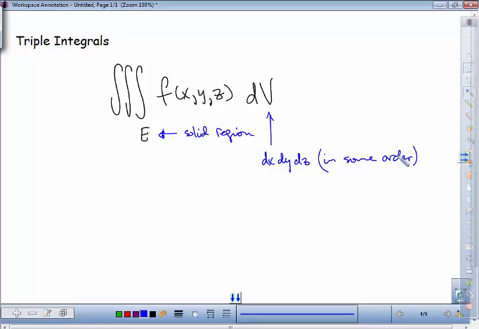So that's why we don't just put dx, dy, dz there, because it might be a dz, dx, dy, or some combination of those 3 differentials in some order, because when we change it to an iterated integral, the order will be important in how you see it. So I think the difficult part is to try to visualize your solid in 3D.